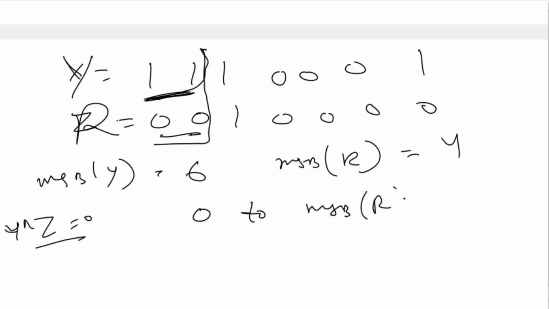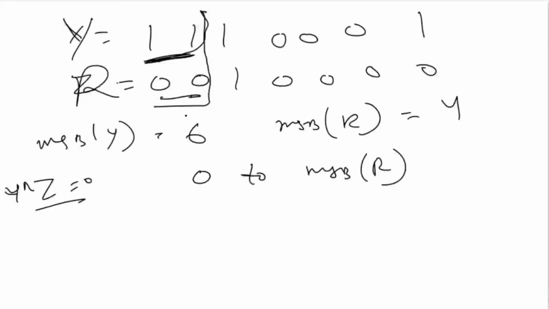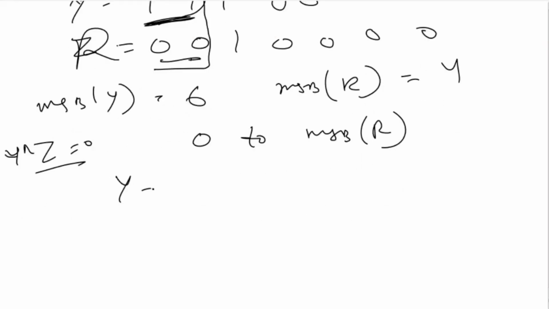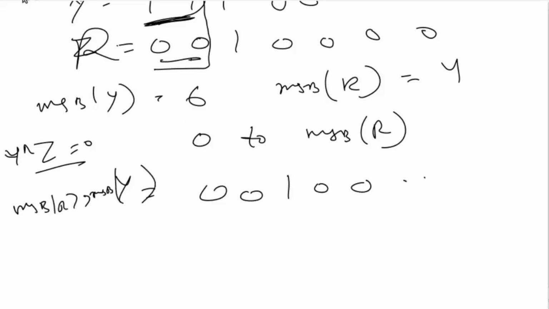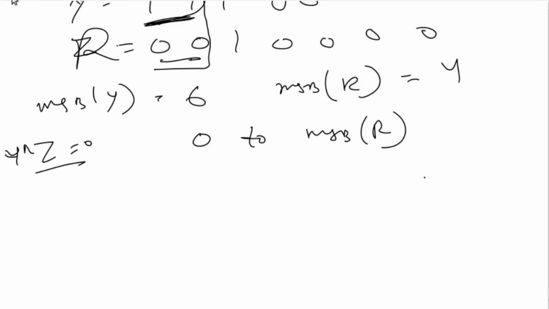Okay, and now, we have already considered the case MSB of R greater than MSB of y, so we don't need to include that case. And so now we'll consider the case MSB of R equal to MSB of y.